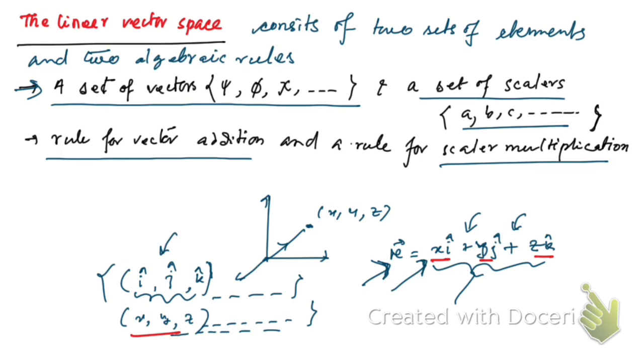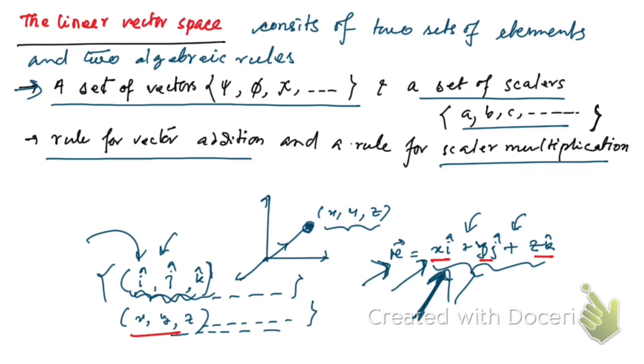We have 3 scalars and 3 vectors that we use to represent this point using this position vector. And what are the bases? The bases are these unit vectors. Similarly, in vector space, when we say basis, it means unit vectors.